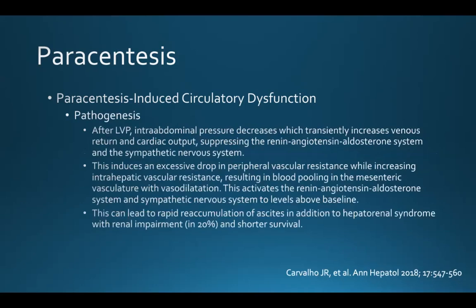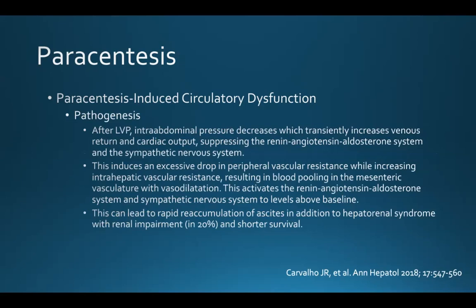After a large volume paracentesis, intra-abdominal pressure decreases, which transiently increases venous return and cardiac output, which suppresses the renin, angiotensin, and aldosterone systems, and also suppresses the sympathetic nervous system. This induces an excessive drop in peripheral vascular resistance while increasing intrahepatic vascular resistance, which results in blood pooling in the mesenteric vasculature with vasodilatation.